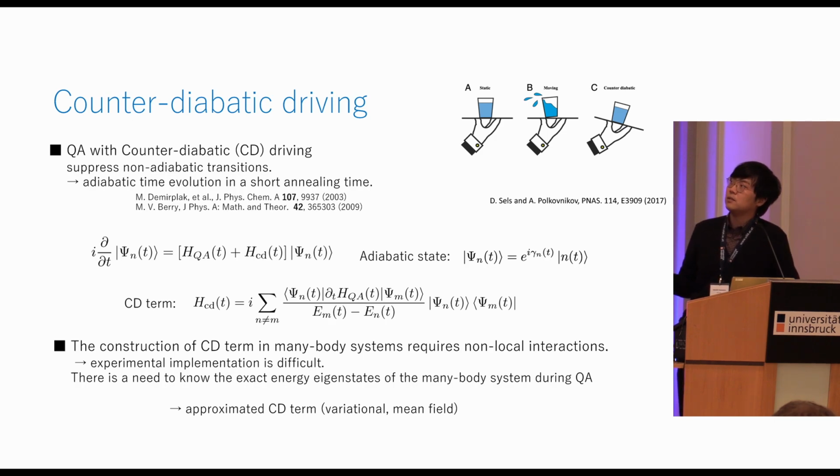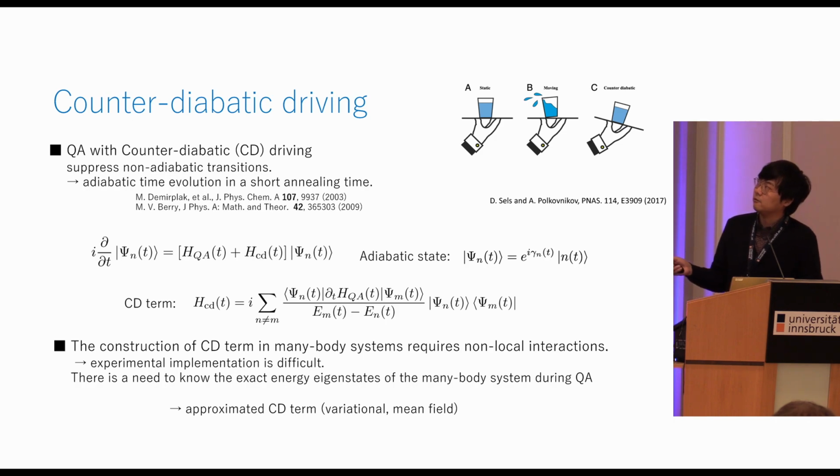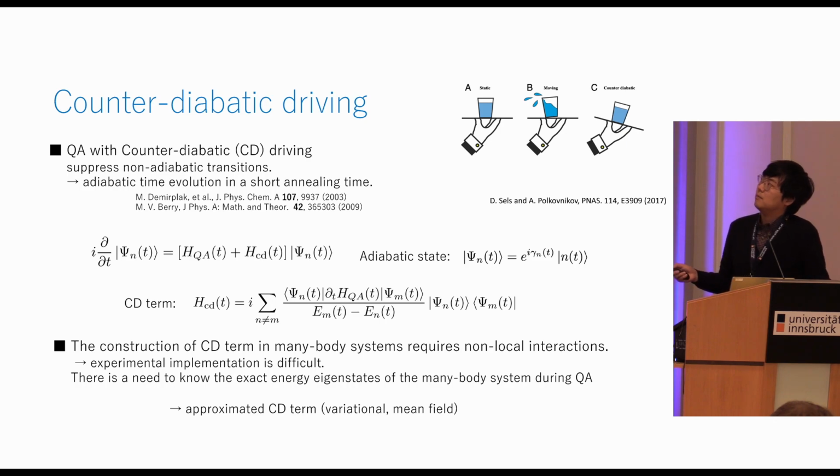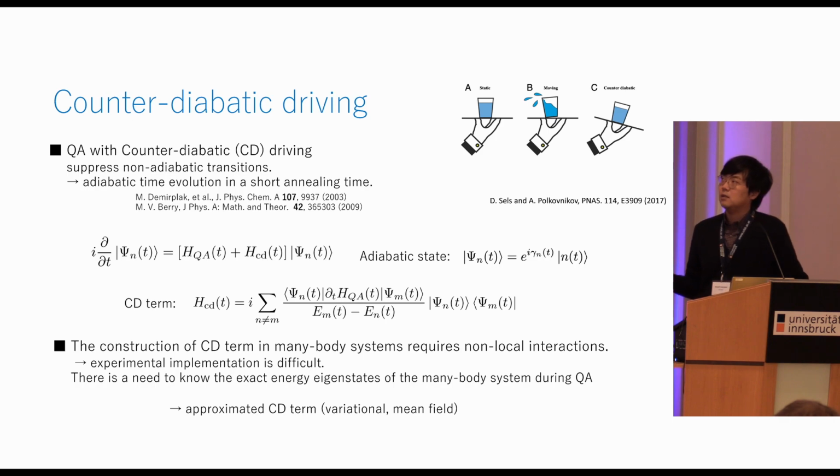However, the construction of the counter-diabatic term in many-body systems requires non-local interactions, so it makes experimental implementation difficult. Moreover, there is a need to know the exact energy eigenstates of the many-body system during the annealing process.